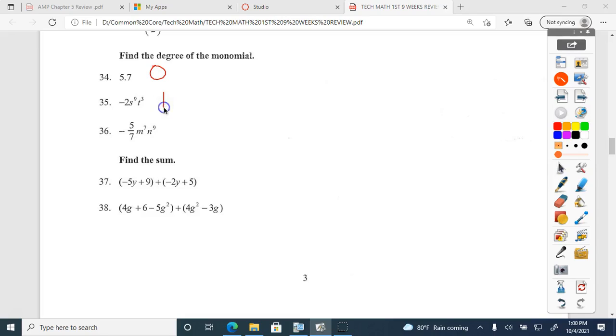So this one would be 12 and 16. Okay? 37 and 38, we're finding the sum, which just means we add like terms. Negative 5y and negative 2y make negative 7y. 9 and 5 is 14.